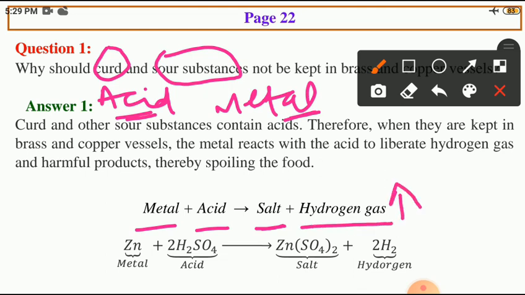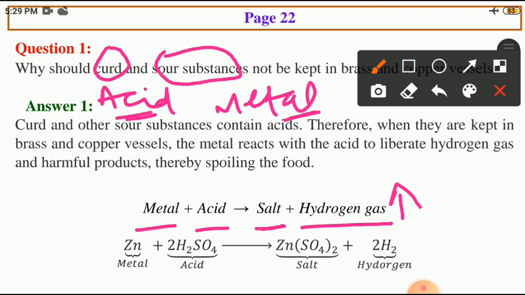So this salt and this hydrogen gas is harmful for our body and it spoils the food. That's why we should not keep them together. So we should not use brass or copper made vessels to keep curd or sour substances.